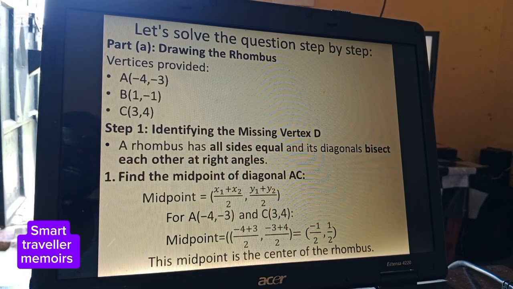For our case, let's pick the points A(-4, -3) and C(3, 4). The midpoint will be ((-4 + 3)/2, (-3 + 4)/2), which gives you (-1/2, 1/2). And this is the midpoint, the center of the rhombus.